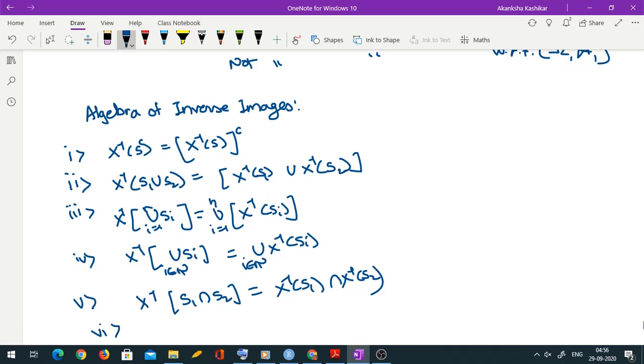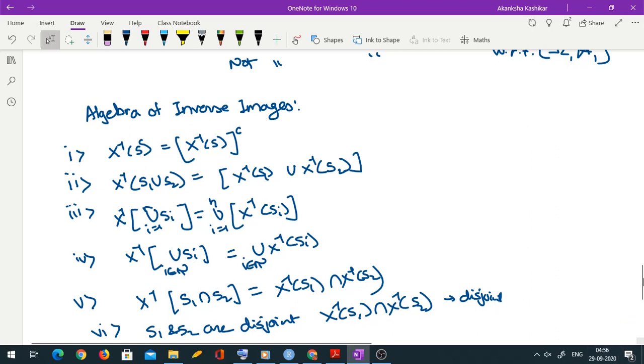Another important result is, if S1 and S2 are disjoint, then X inverse S1 and X inverse S2 are also disjoint. This is also one of the important properties.